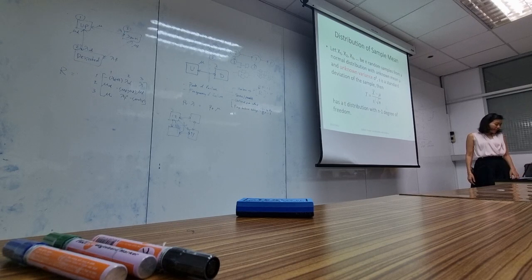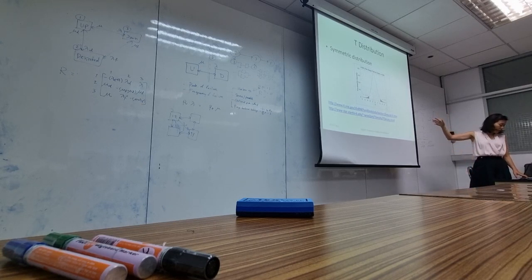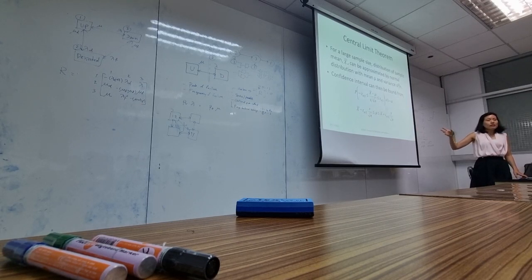For the sample means, you have the T distribution, which is a symmetric distribution. I'll just show you that these are the confidence interval of the sample mean. And by the central limit theorem, what it means is that the more that you sample, the more likely you get to your estimate of the true values.